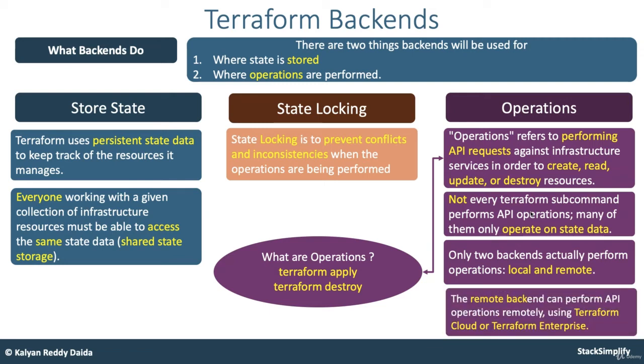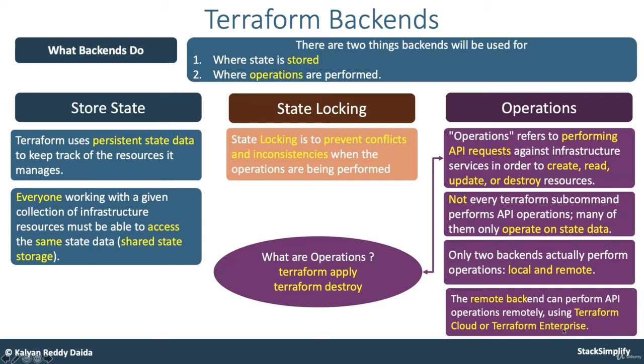So the remote backend can perform API operations remotely using either Terraform Cloud or Terraform Enterprise. If you take the remote backend, you can consider S3 or etcd or any other remote backends. Those are just backends for state storage, and if it supports, for state locking. But there are two other backends, which is nothing but Terraform Cloud and Terraform Enterprise.